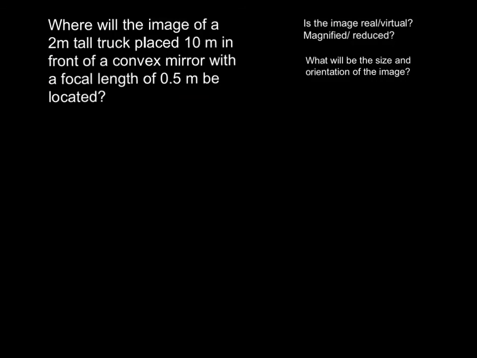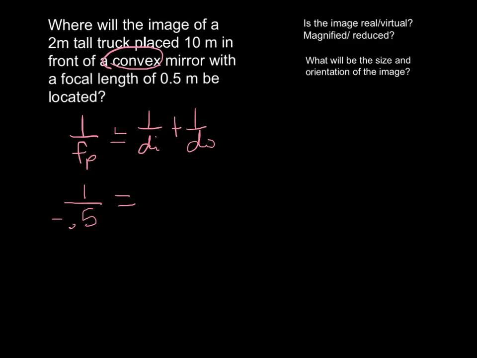Okay, same question, except now our car is in front of a convex mirror. The only difference is we're using the same equation for our focal point, 1 over di plus 1 over do, but since it's a convex mirror, remember a convex mirror has a negative focal length, so negative 0.5 is equal to 1 over di plus 1 over 10.